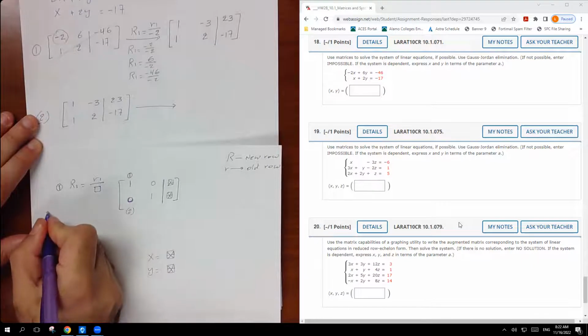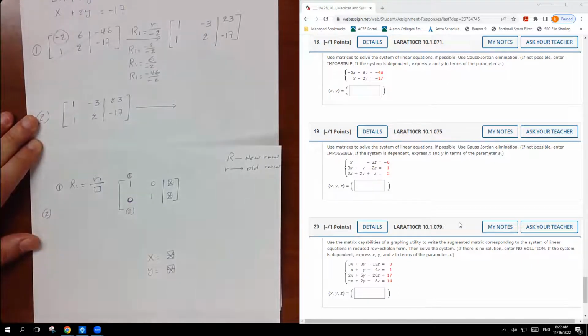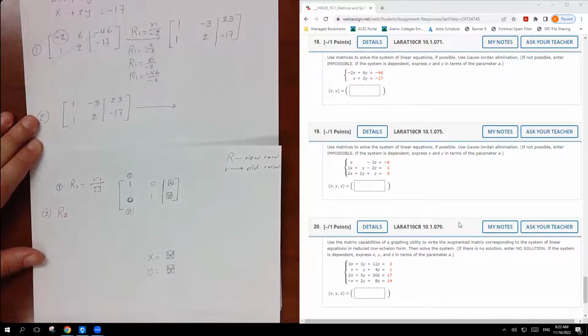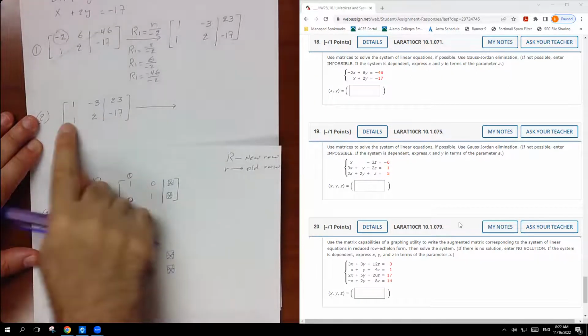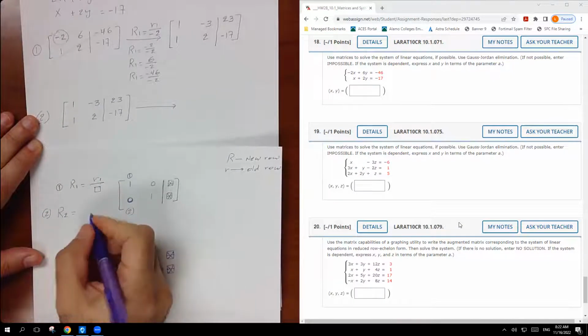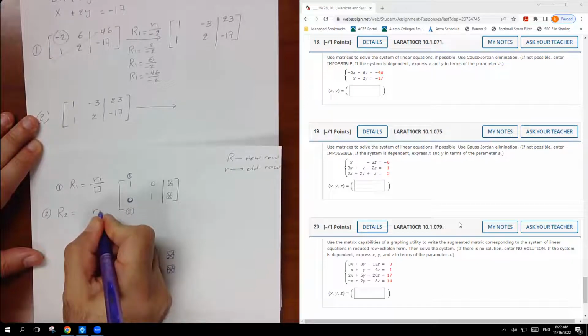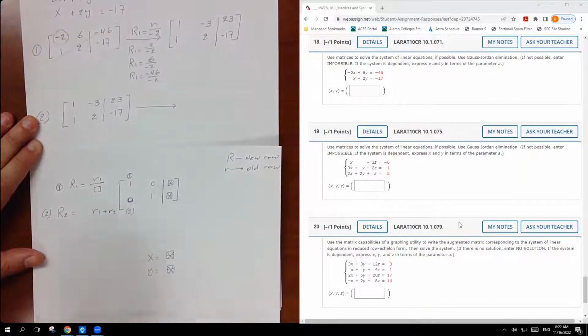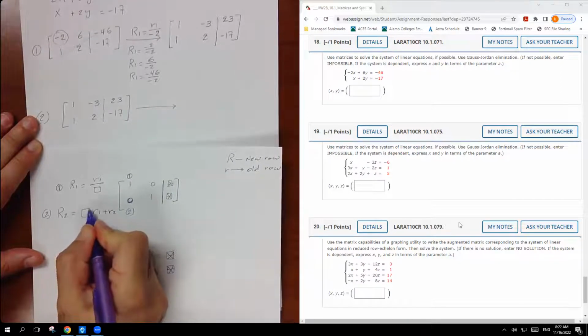Step 2, always you're going to use this rule. You're going to get a new R2 because the change is going to be on the second row. It is going to be R1 plus R2. But you have to add a number here.